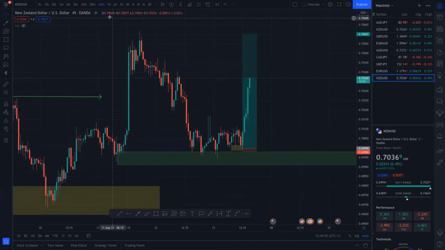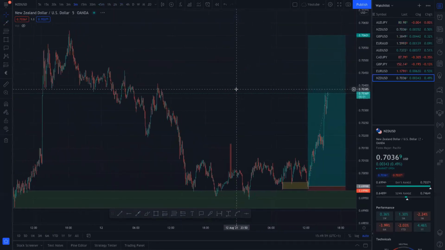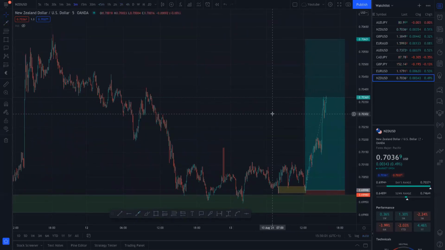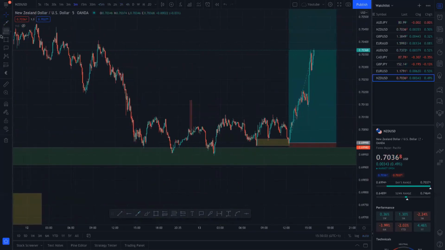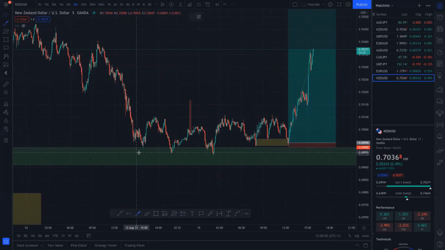Then I go back to 5 minutes, same structure rules. What I see is price came to my order block, and this is the low. This is our structural range for 5 minutes.